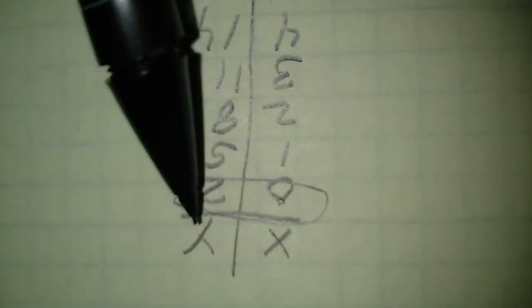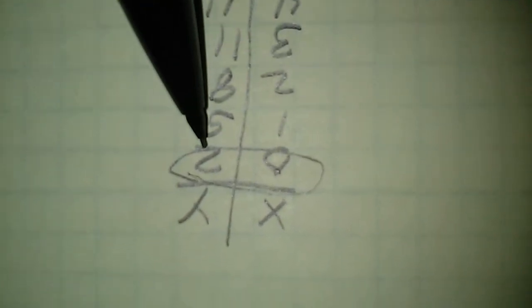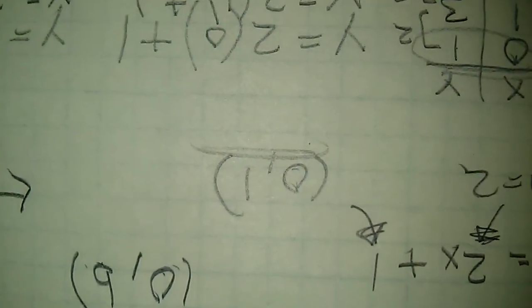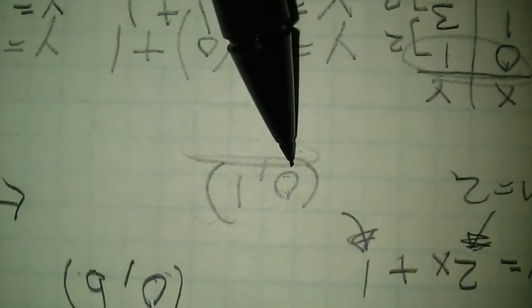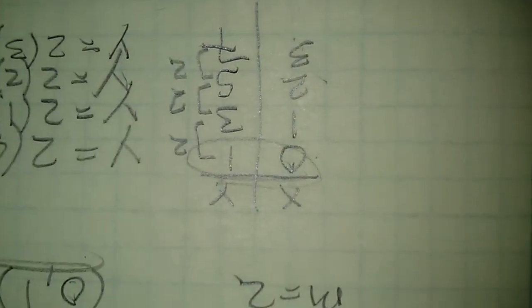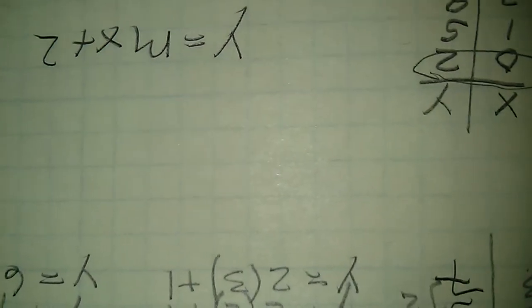Because when x is a 0, it tells me the y value. x is a 0, y is a 2, and remember, when x is 0, that should be our b value. So we have our b value. If I write y equals mx plus b, well, the b value is a 2. So we're going to write y equals mx plus 2.